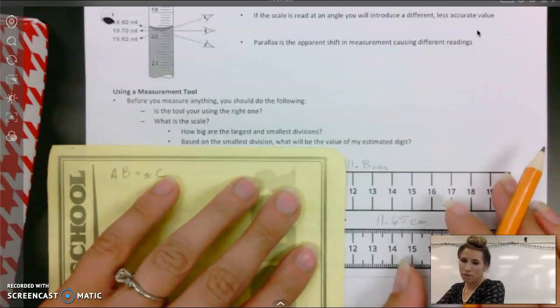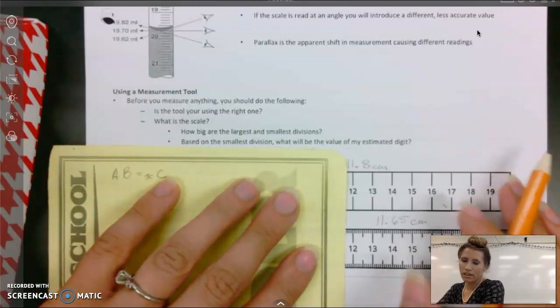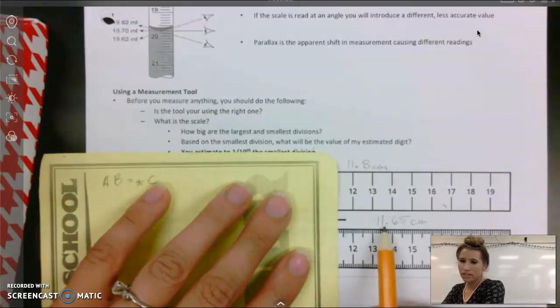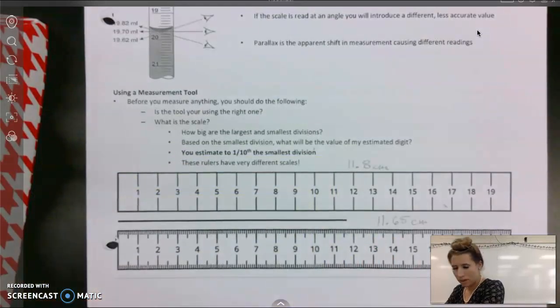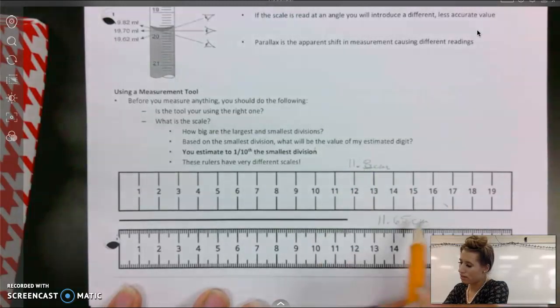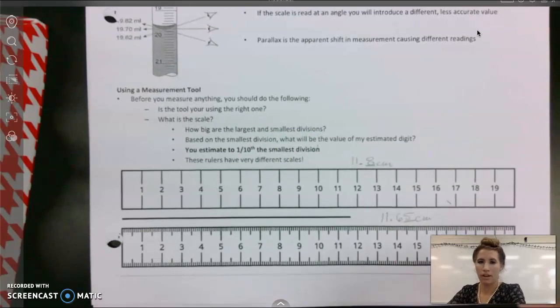So I have my 0.6, and I would estimate a tenth in between the smallest calibration marks, I'd say this is 11.65. So that's now my estimated. This was my estimated here. Now that's my estimated there. So take a moment, ask yourself, which ruler is going to be more precise? Typically, not always, but typically if your instrument is precise, it's also accurate.